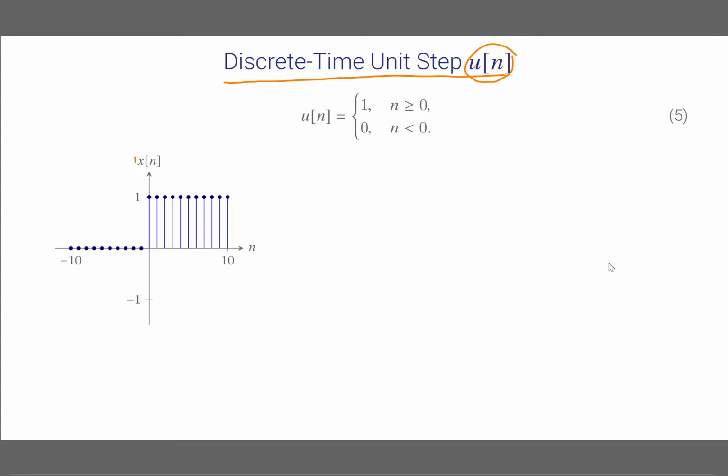You can see u[n] is 1 whenever n is greater than or equal to 0. It is 0 when n is less than 0. So in the range where n is less than 0, it is 0. Here n is equal to 0, it's 1. And for all the values where n is greater than 0 also, it is 1, and this continues.